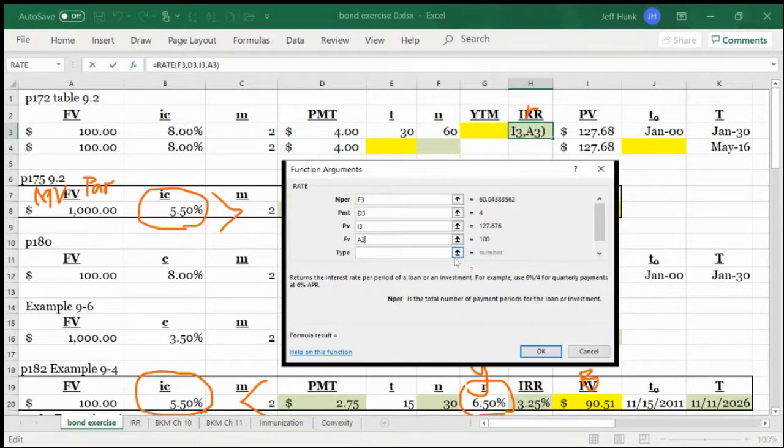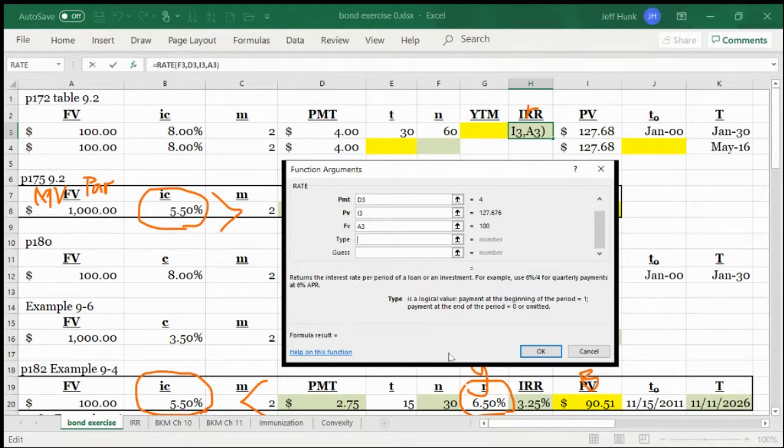And then type means whether it is an annuity due or an ordinary annuity. Now you remember from Finance 100, there are two types of annuities, ordinary annuity and annuity due. Of course, ordinary annuity is the default. An ordinary annuity is when the payment is made at the end of each period.